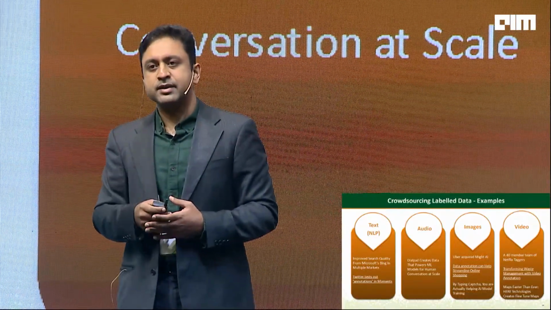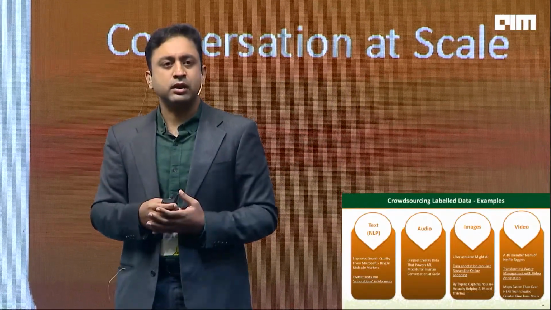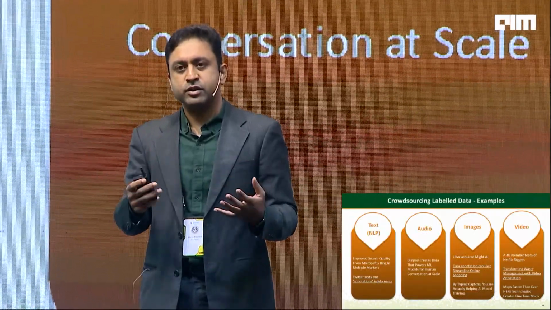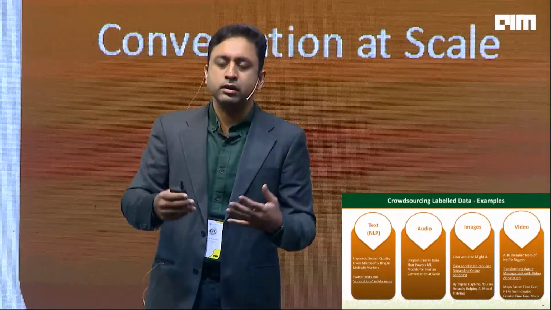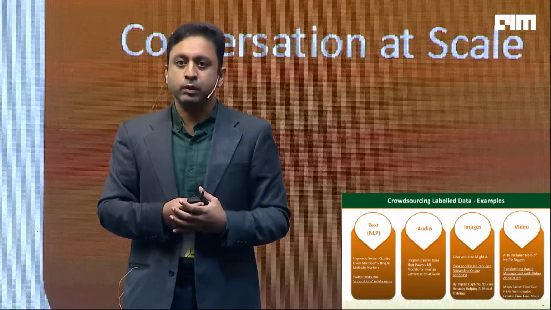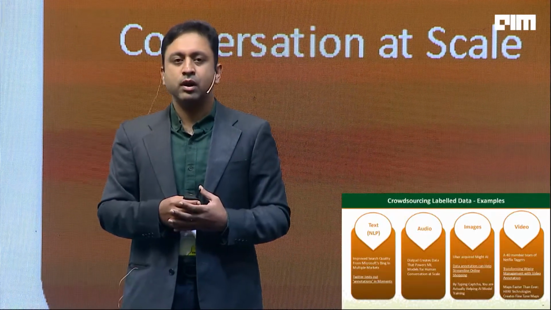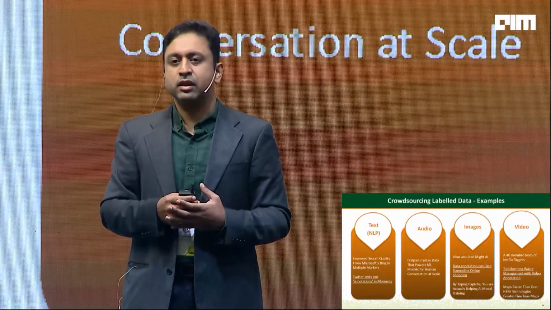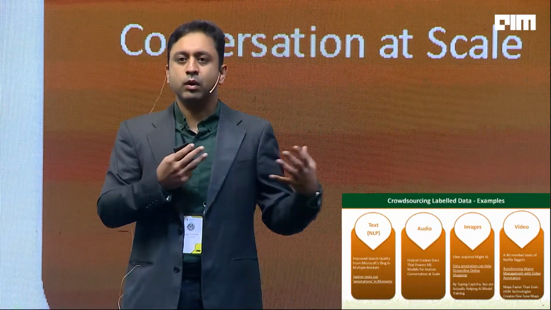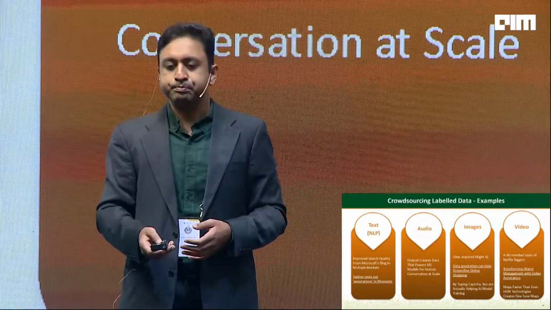Crowdsourcing labeled data, this is a strategy which many of the large tech organizations are using today. There are organizations who are also acquiring certain companies which specialize in data annotation, especially when it comes to unstructured data strategies, let's say for object detection or image labeling or audio annotation and things like that.